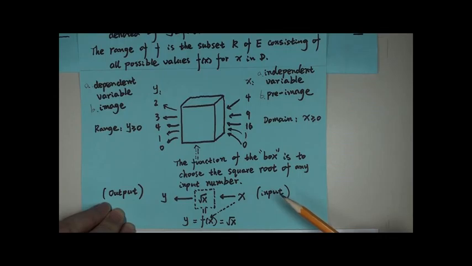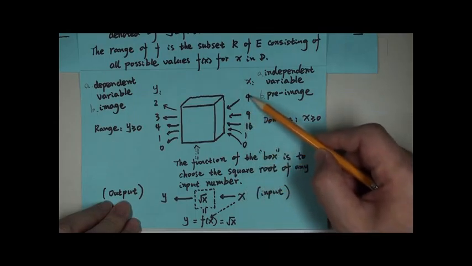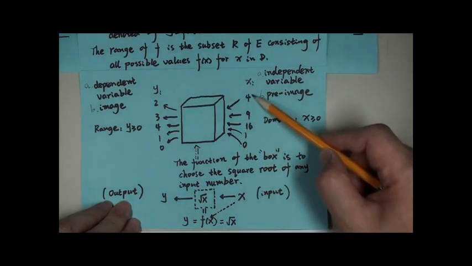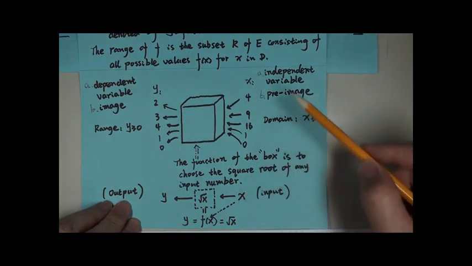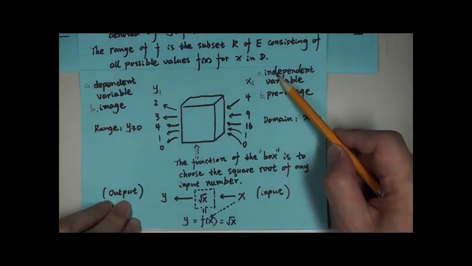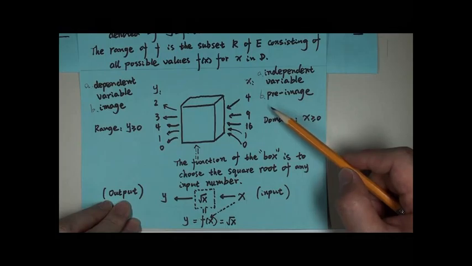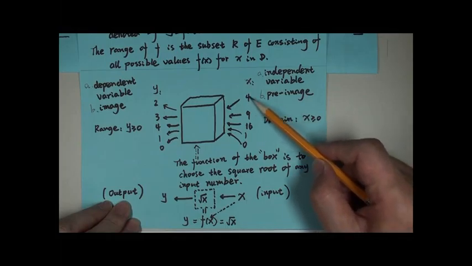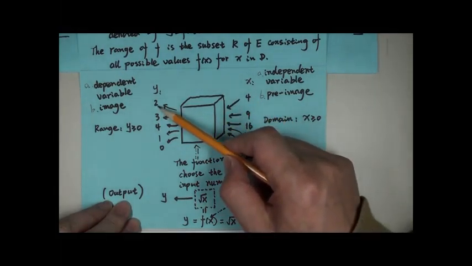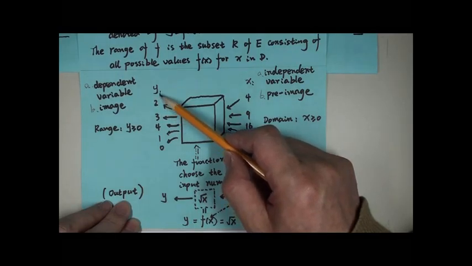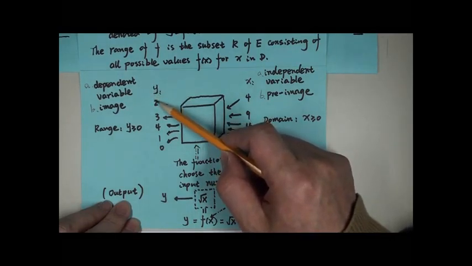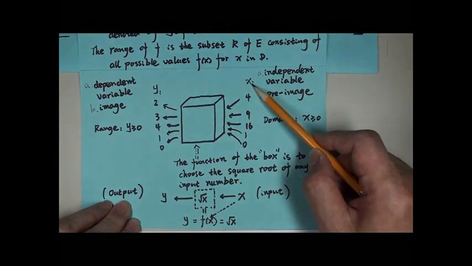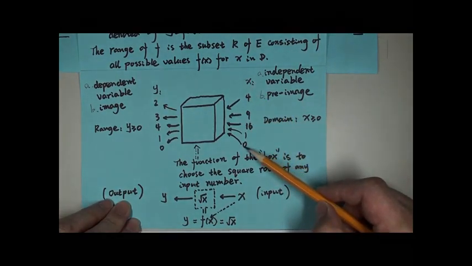And here there are some terminologies. We call x a variable because it takes all different values, so x is the independent variable. For each input 4, there is output 2, and the value of y actually depends on what values you input.